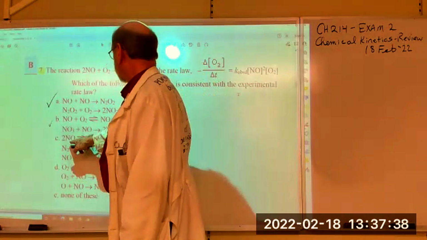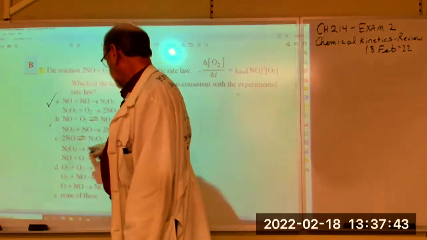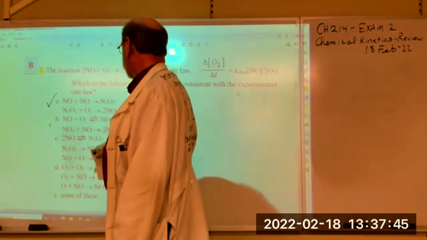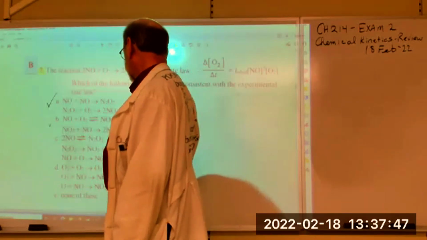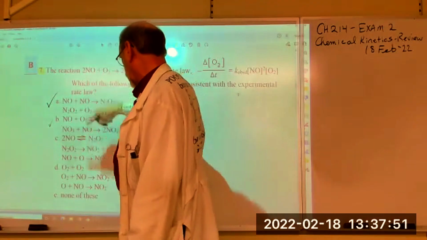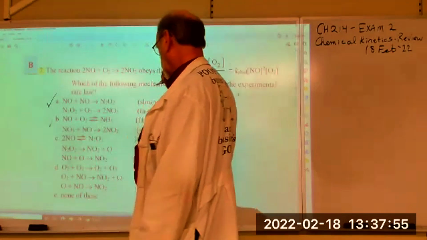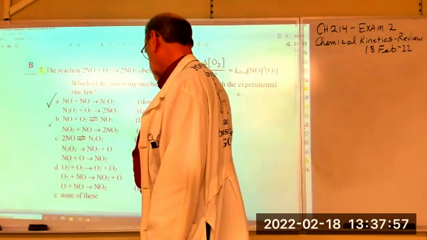In this one, 2 NOs make N2O2, and then the N2O2 decomposes to NO2 plus O. So this one never enters into the reaction. Oh, wait a minute, I skipped this step. There's O2.